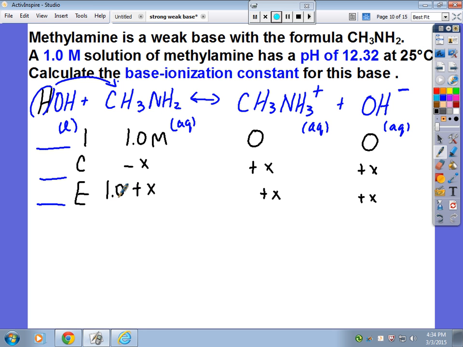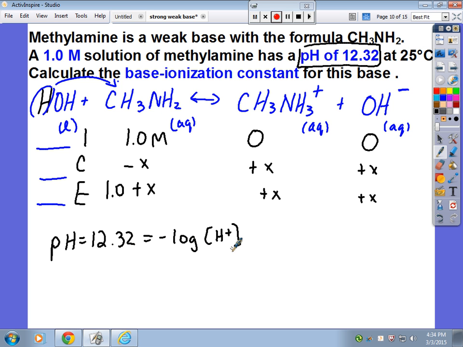Correct? Okay, now what do I know here? They give me a pH, so that means my pH is equal to 12.32. That plugs into my negative log of my hydrogen ion concentration, doesn't it? Well, if that's true, I can work backwards and find my hydrogen ion concentration.